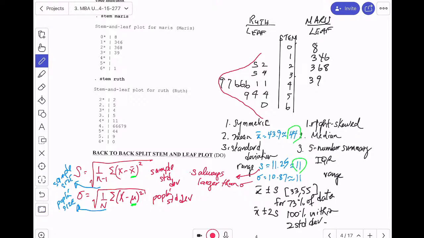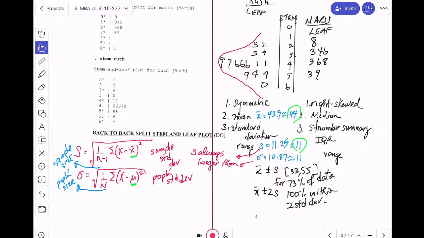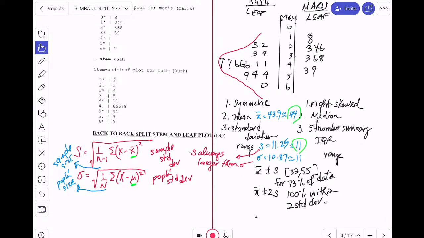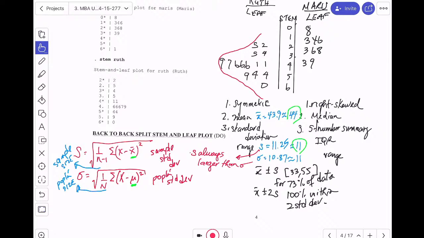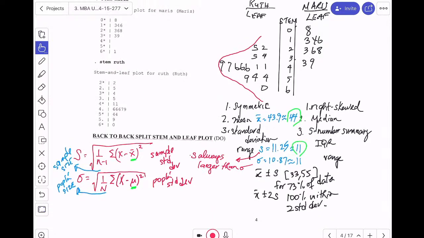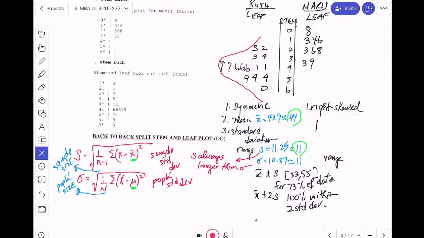Because it's symmetric, I can talk about going around the mean in an equal distance. So that's how it's spread out. That's a full answer for standard deviation, for spread.